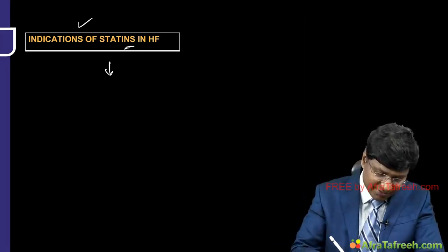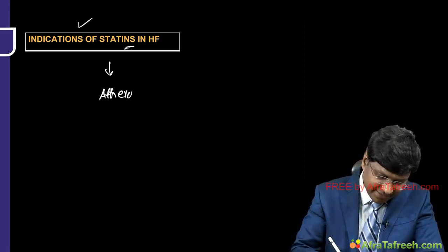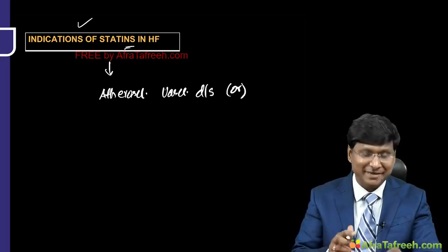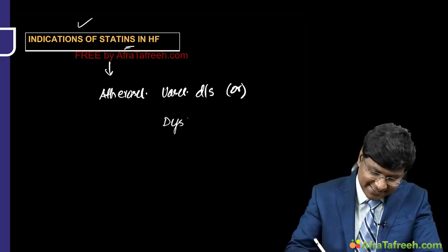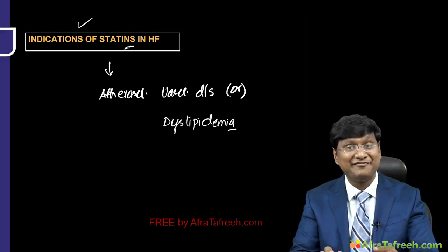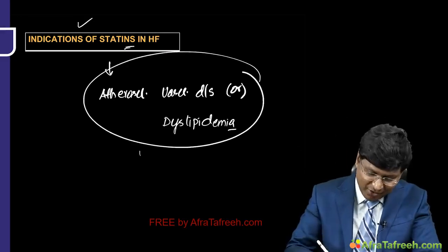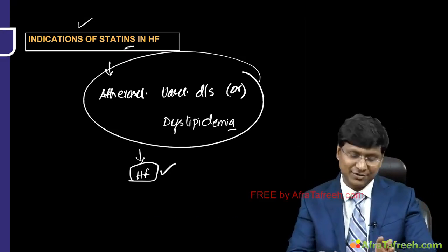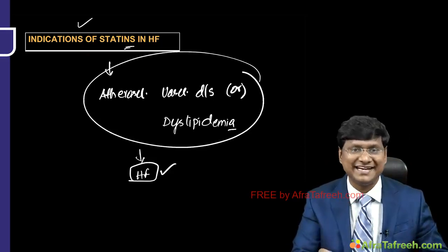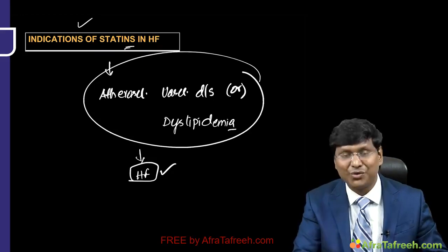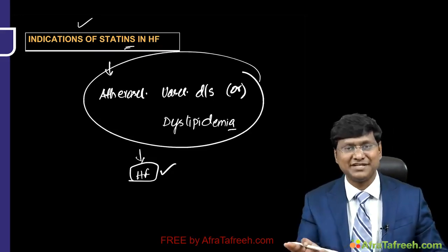Okay, so number one, if there is significant atherosclerotic vascular disease, or the patient has significant dyslipidemia in the background of heart failure, then you give statins. Otherwise, statins have no role in heart failure with reduced ejection fraction, right.